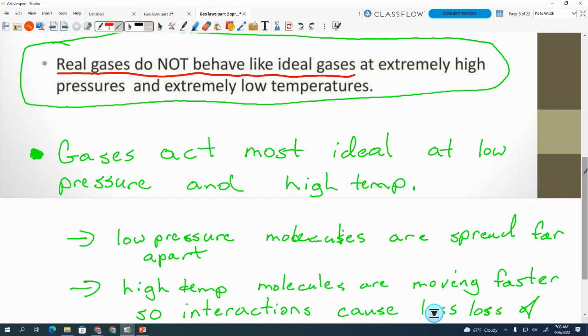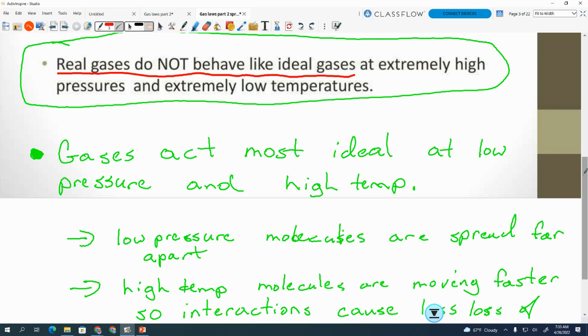All right. So low pressure, the gas molecules are spread far apart. High temperature, the gas molecules are moving really fast. So when we put it in that context, we recognize that since the gas molecules are moving extremely fast, they don't interact with each other as much. The intermolecular forces are kind of negligible at that point.